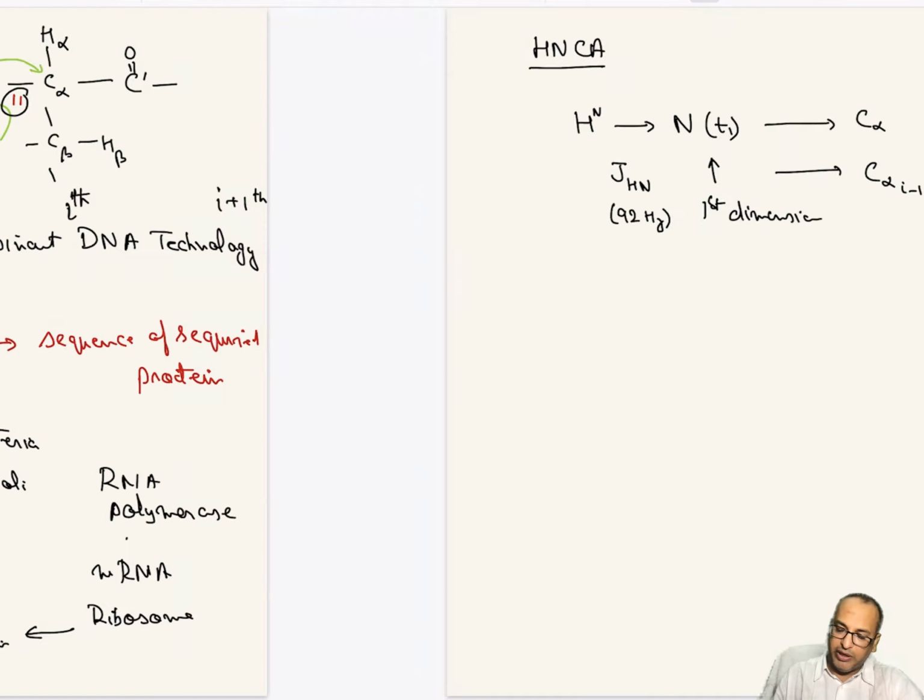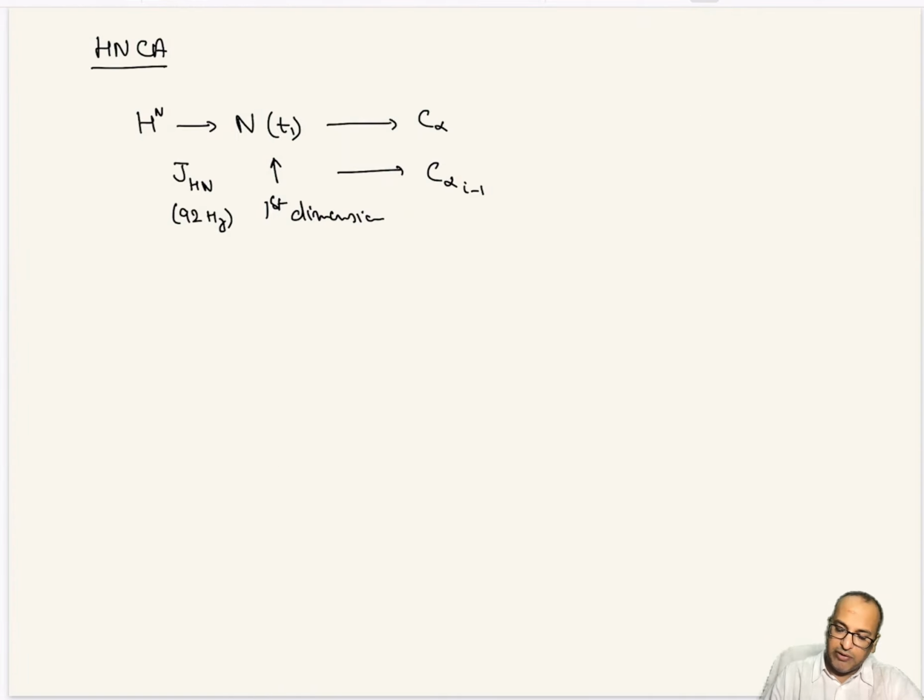So that's how I have written here, C alpha of I and C alpha of I minus 1. From there, the magnetization now will go to Ni and Ni minus 1, and then it will also go like this, right? Because again there is no differentiation, and then this will go to Hi, and this will go to Hi minus 1, right?